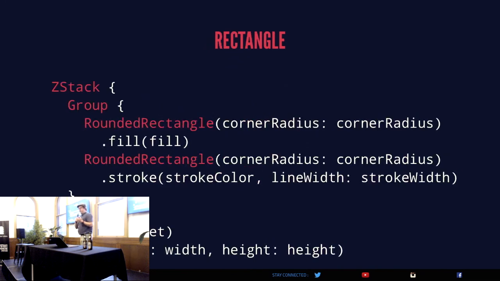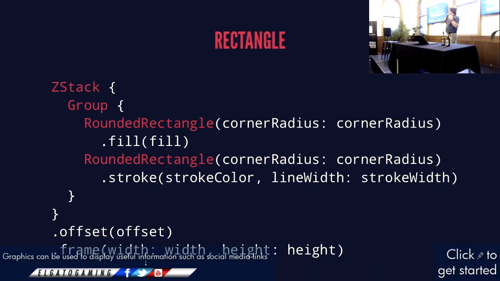First one is a rectangle. What we're doing here is we are creating a ZStack, which is an arbitrary canvas. In that, we are drawing two rectangles. These rectangles are for the border or the stroke, and then a second one for the fill.